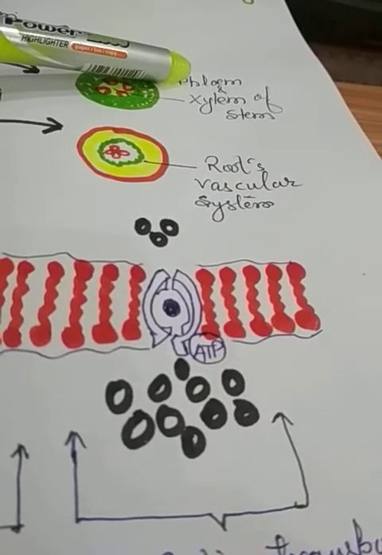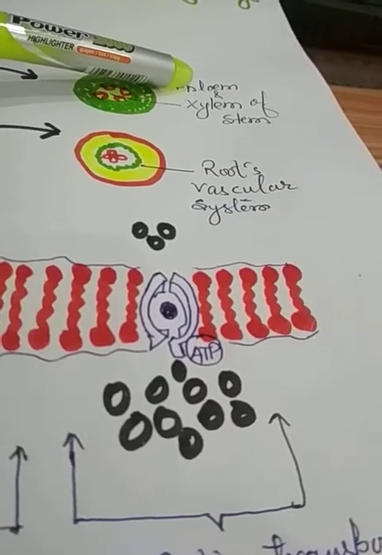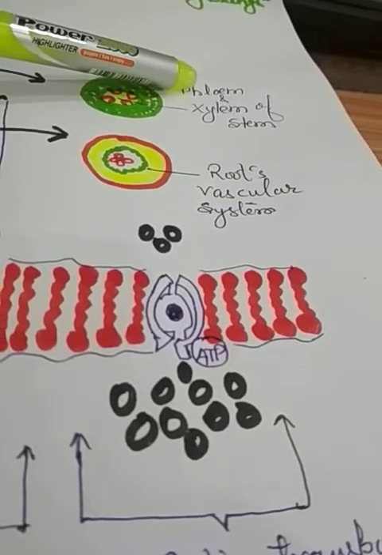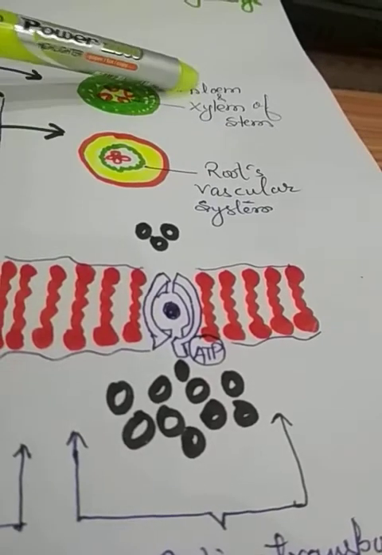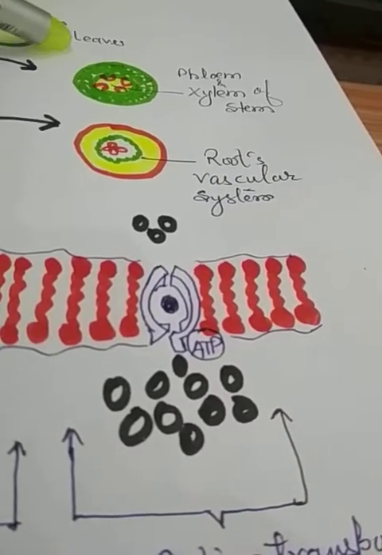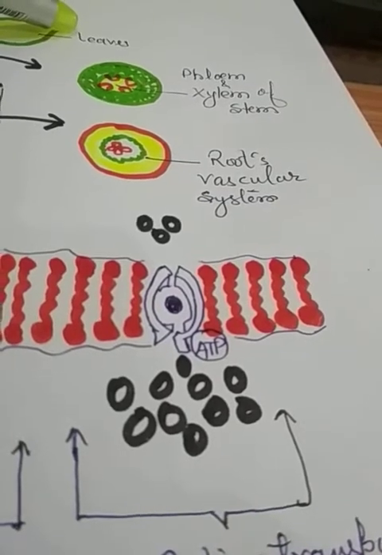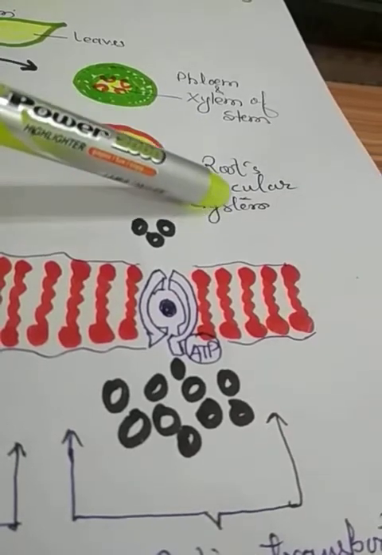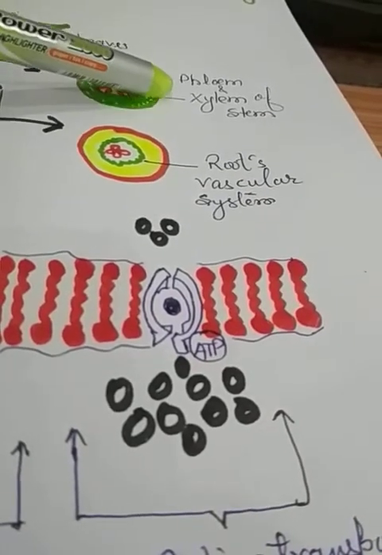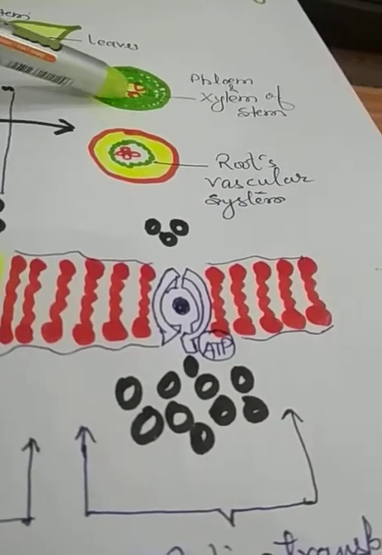If the middle portion leaves are manufacturing food, then that food will be translocated to the upper part of the plant body as well as to the lower part of the plant body, and that is called bidirectional movement.